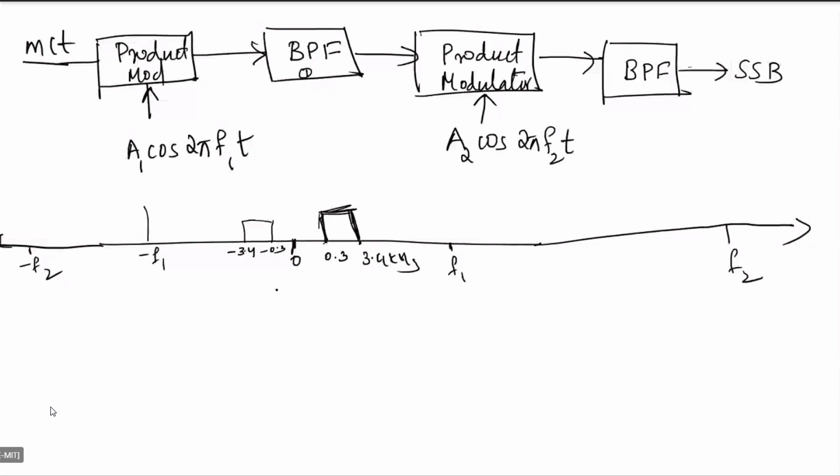So after the first product modulator, what is happening at the product modulator? Multiplying these two. And what will be the spectrum after the product modulator?